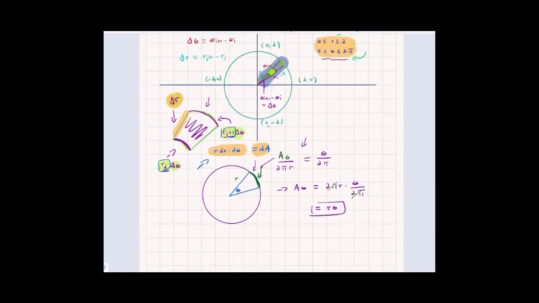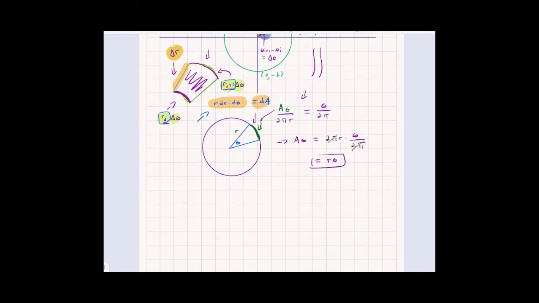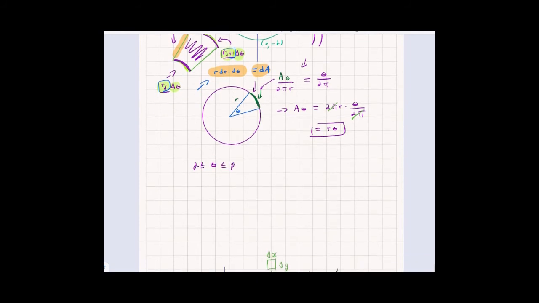So the way that we find the volume of a solid over a polar region is, say our theta is in between alpha and beta, and our r is in between gamma and delta.